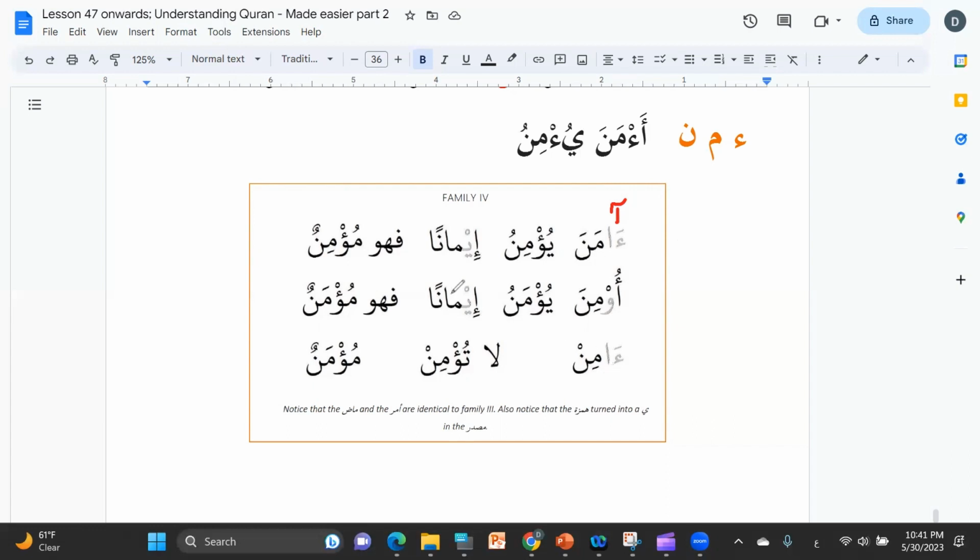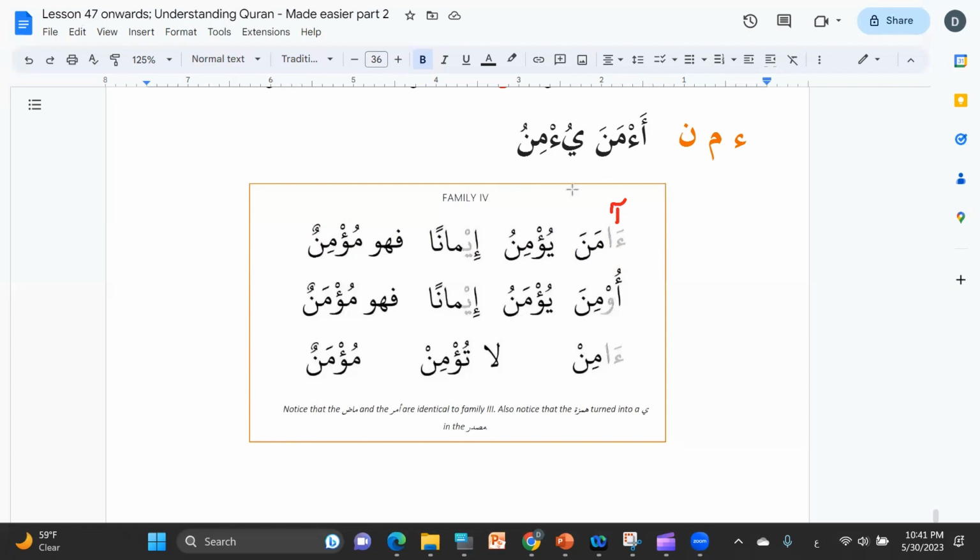And in family 4, we have another abnormality. We have another big change that we make over here in masdar. We observe in masdar, imanan, we put a ya over here. Okay, so iman.